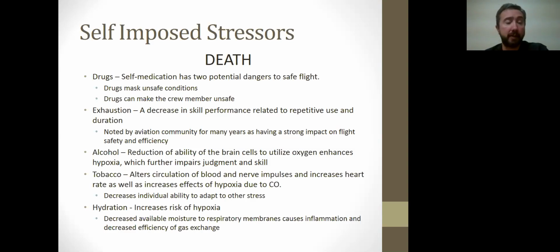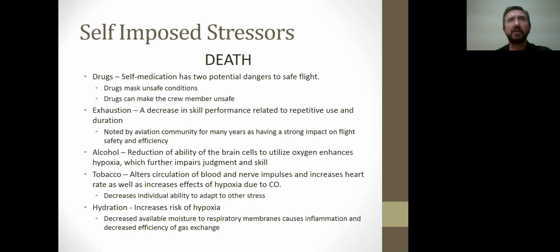Of course, exhaustion can decrease skill performance. Alcohol, remember 8 hours bottle to throttle. Tobacco: smoking cigarettes can decrease peripheral vision due to carbon monoxide causing hypoxia, relatively at 4,000 feet over a period of time.